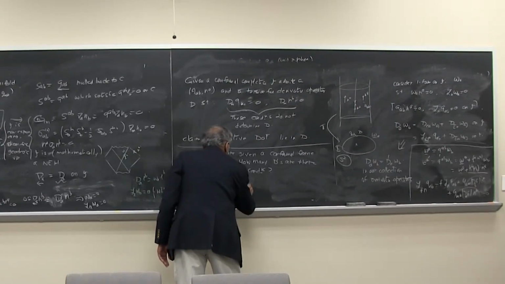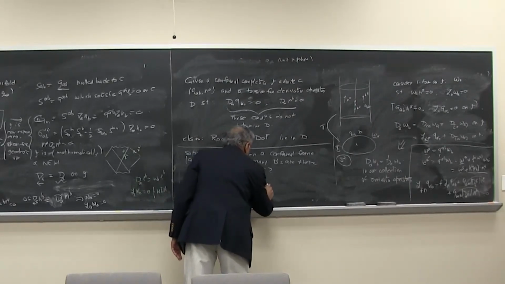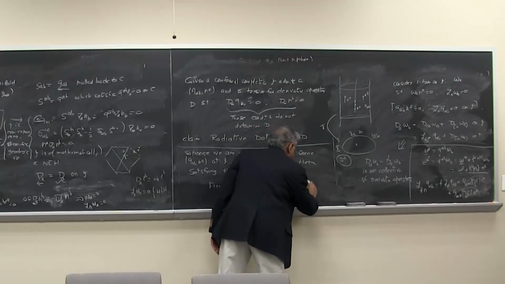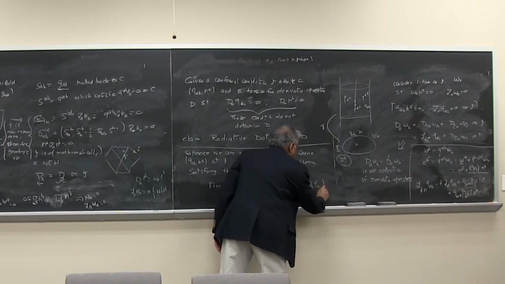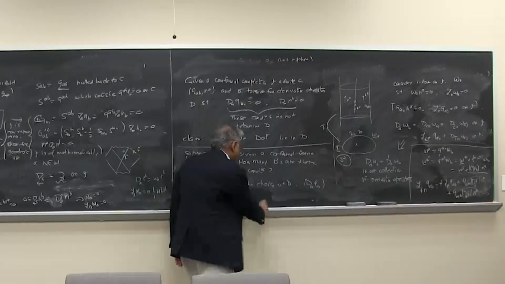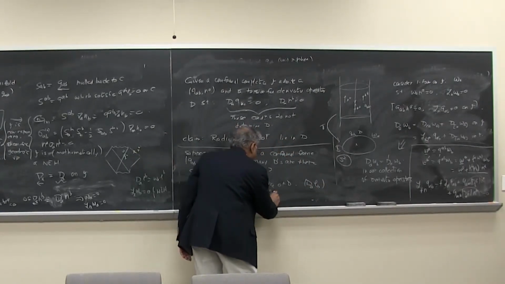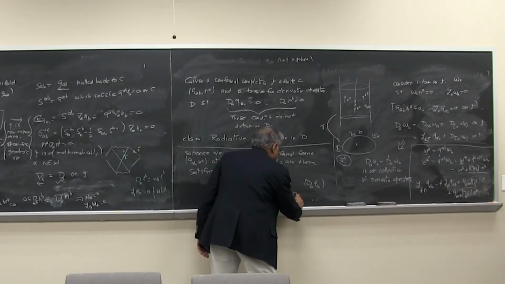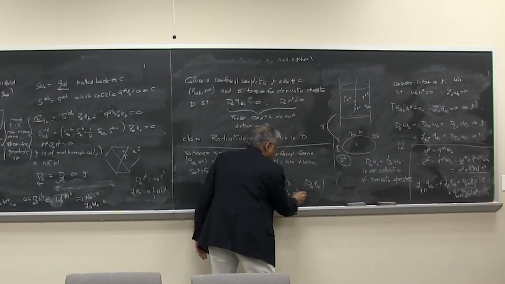So therefore the freedom is just very simple. Freedom in the choice of D: I just have to specify what D_A L_B is for some L_B, which is such that L_B is not equal to 0, so let's say equal to 1 or minus 1.